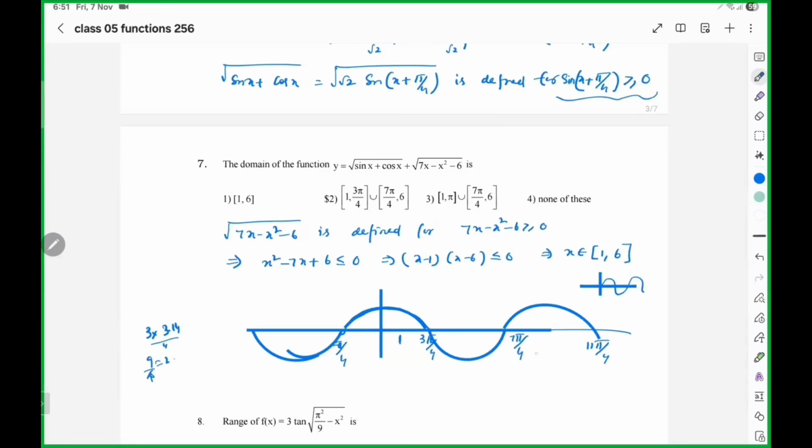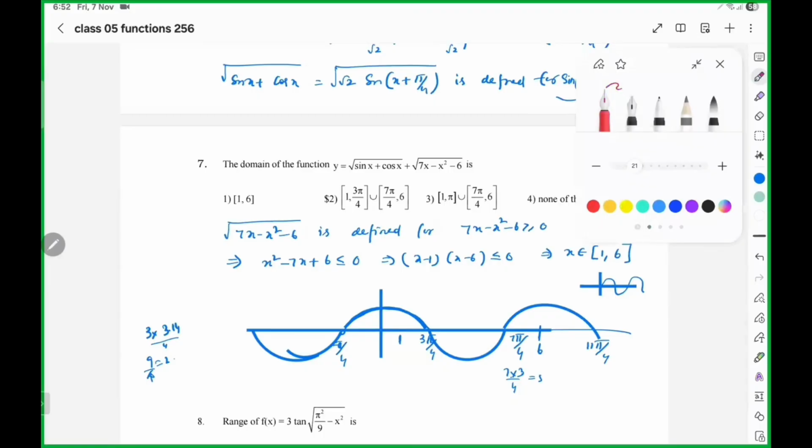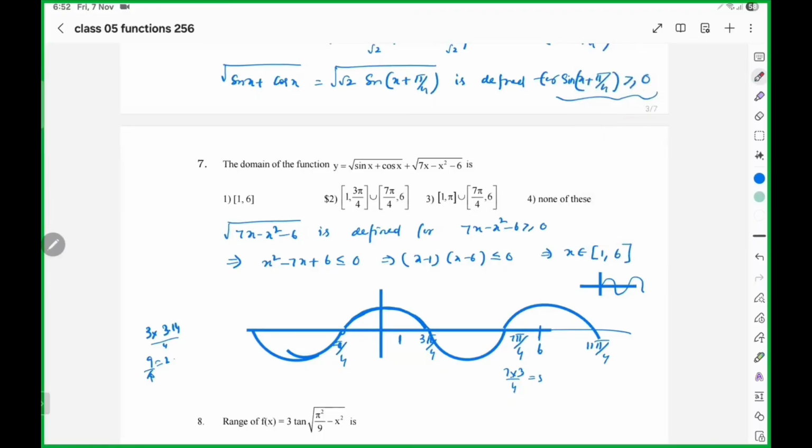Here it is up to 6. It is 7 pi by 4, that is 21 by 4, which is 5.6, will be somewhere here. Now the common part where it should be greater than 0 and it should be a part of 1 to 6 and part of this.